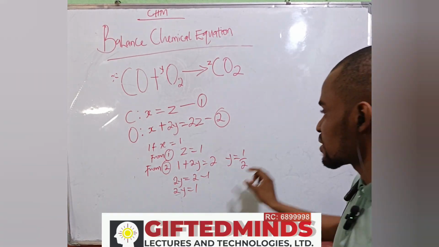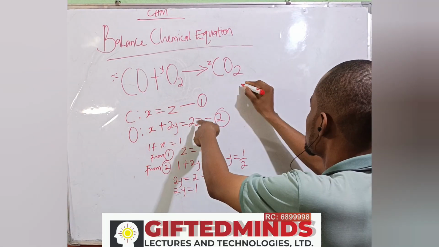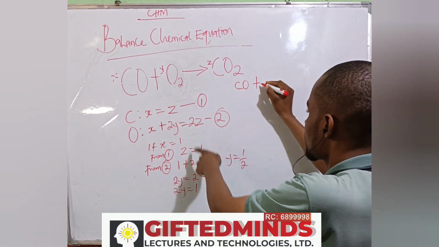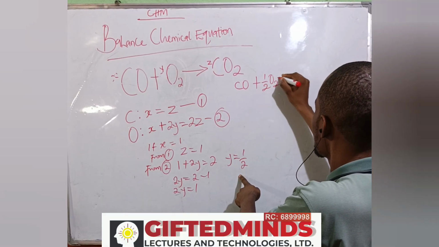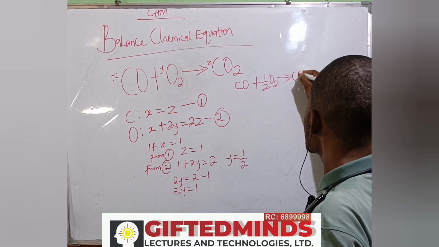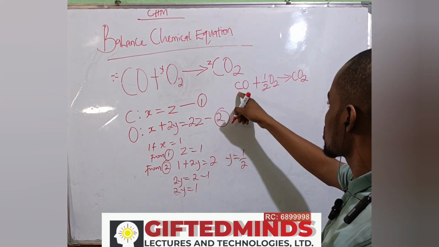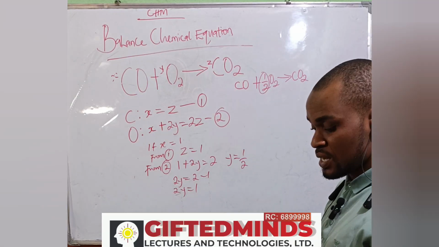Now my next thing is to put my values into this chemical equation. My X is 1, the same thing, plus my Y is 1 over 2, O2. My Z is 1 also, CO2. Now the next thing I will do, since I have a fraction in this place, I have to remove the fraction. I cannot leave it like that.